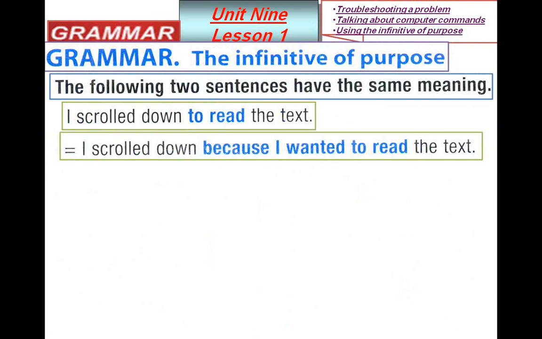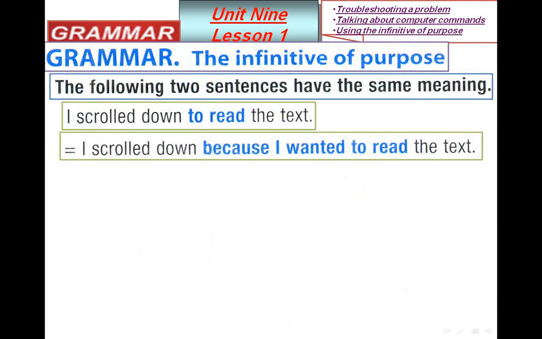The next part we're going to talk about the infinitive of purpose. A purpose. Why do we do things? Example. Here we have 2 sentences. I scroll down to read the text. And I scroll down because I wanted to read the text.